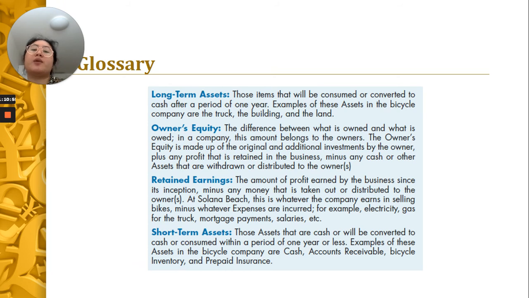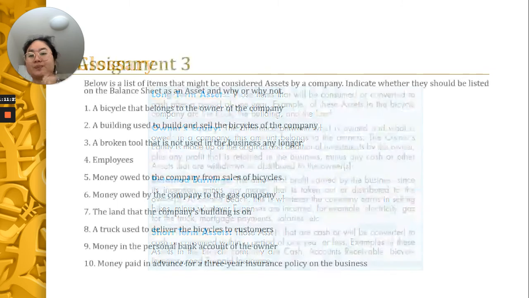The owner equity will make up the original and additional investment by the owner, called owner investment, plus the profit that is retained in the business, called retained earning. Okay, so this one is owner equity. The retained earning is the amount of profit earned by the business since its inception, minus the money that is taken out by or contributed to the owner. So this one is about the retained earning.